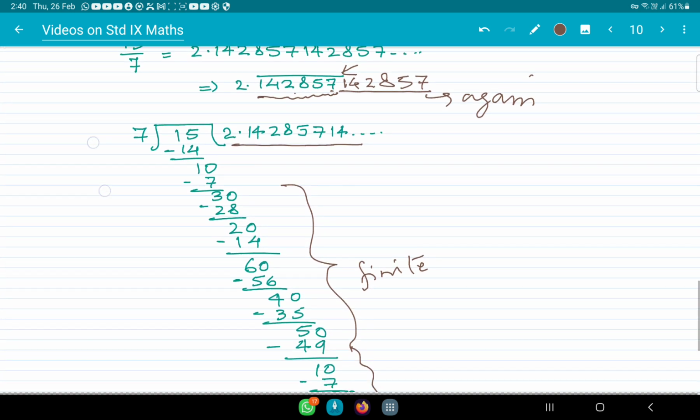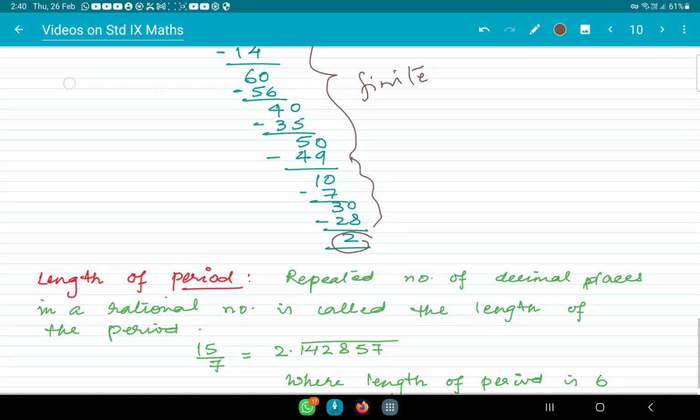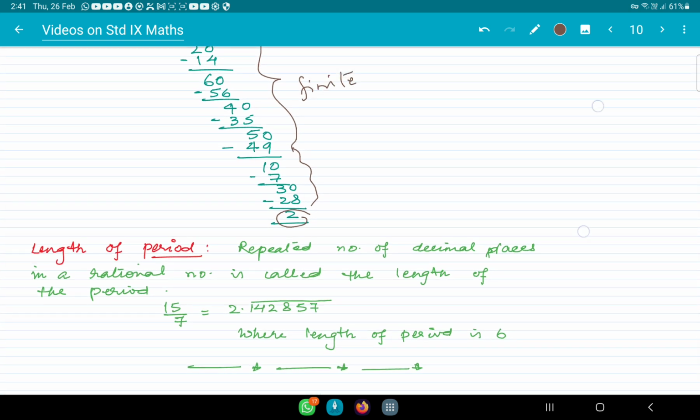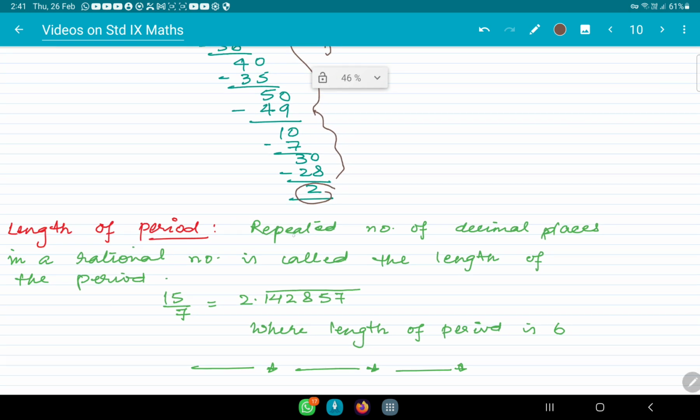Now how can we find the length of the period? The repeated number of decimal places in a rational number is called the length of the period.